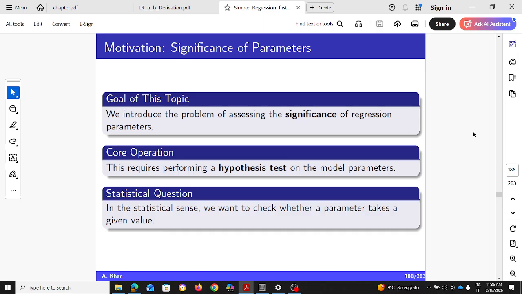Basically, we want to assess the model performance in terms of the parameters. We want to check whether the value we estimated for a parameter, beta or alpha, is the real value or not, or whether it is different from the one we estimated.